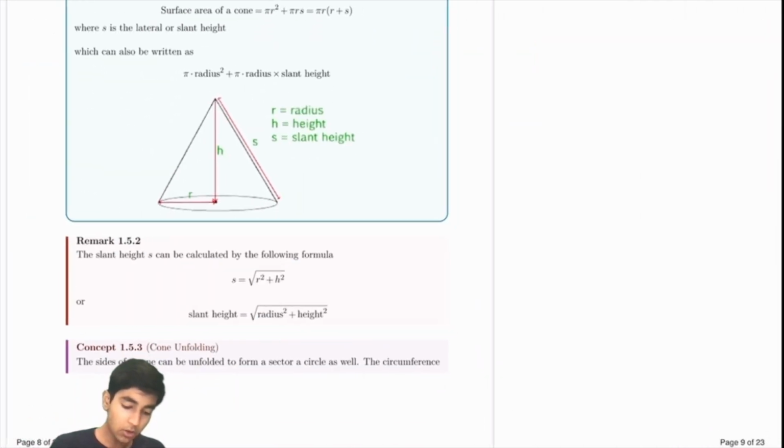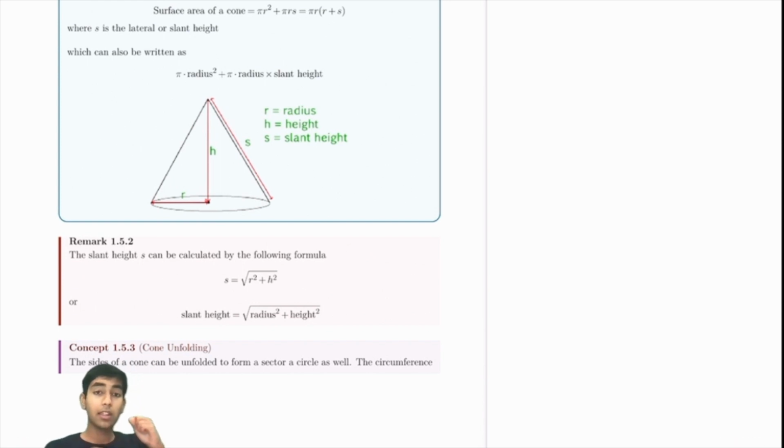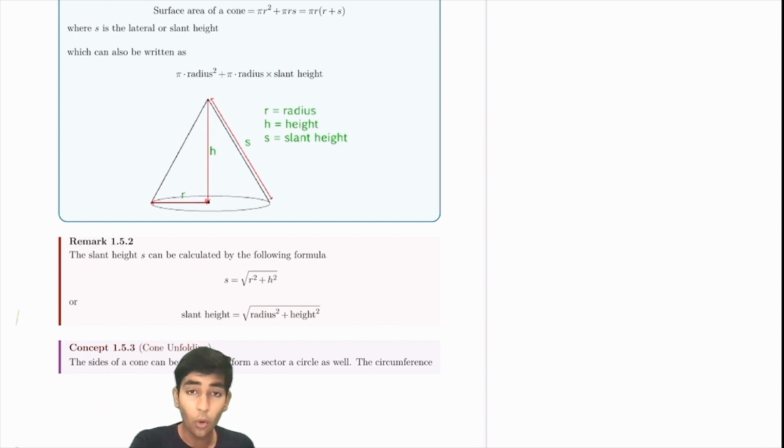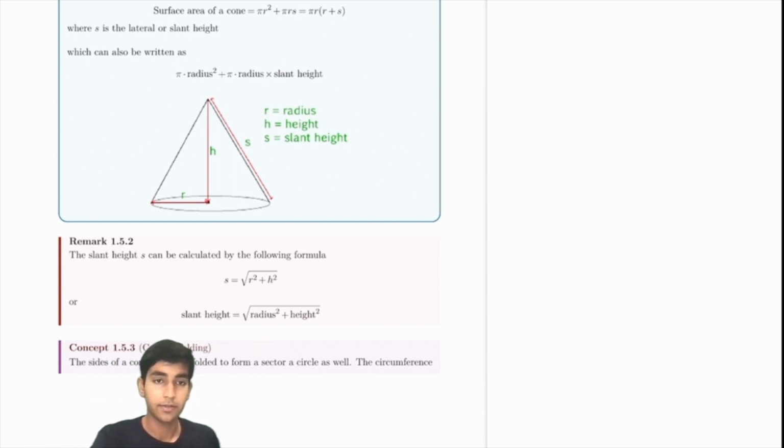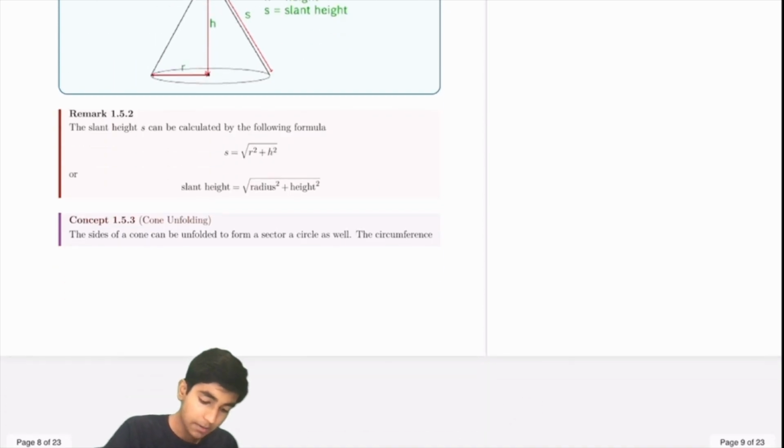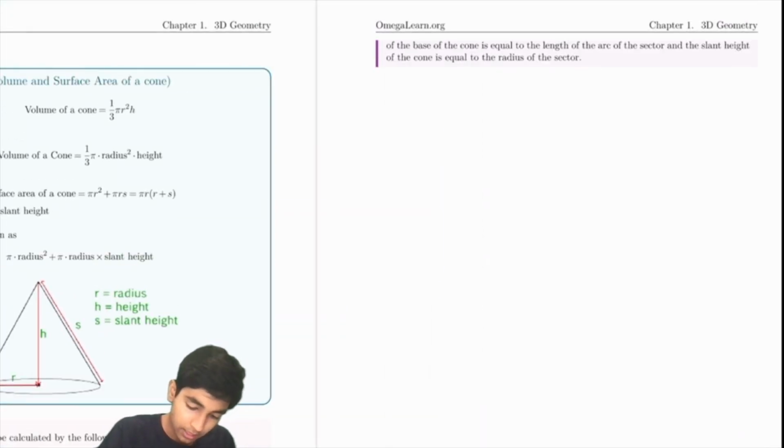And there's also another really cool concept. The sides of a cone can be unfolded to form a sector. Basically, what that means is if I take a cone, I can make it into a sector like this. A circular sector.